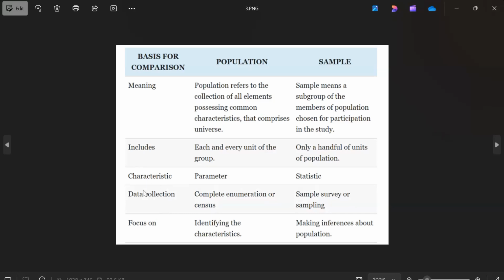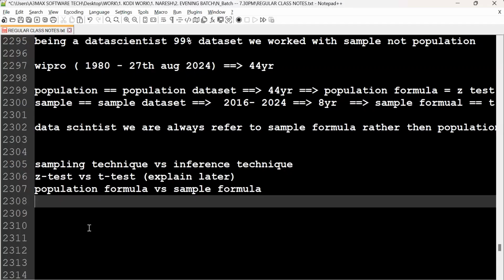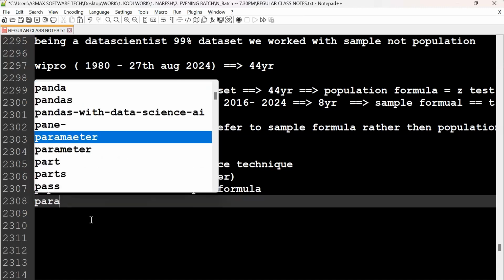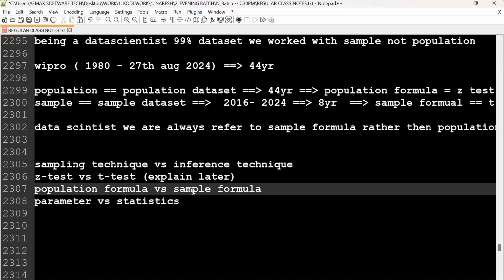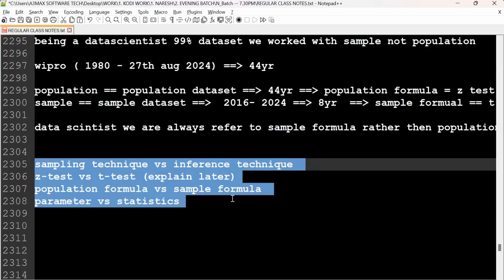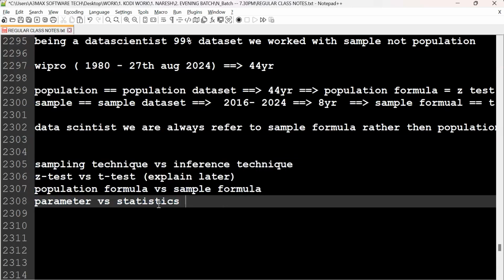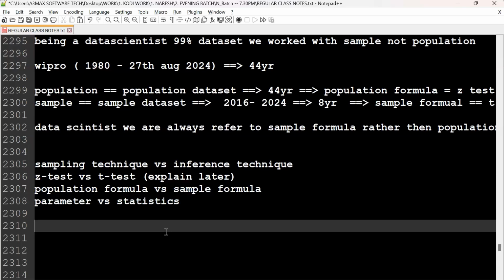So population characteristic is called a parameter, parameter versus statistic. Sample characteristics we call statistics. So we learn statistics, or parameters? We learn statistics. Statistics means it refers to population or sample?